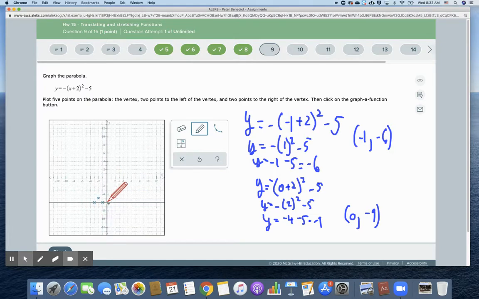And that also tells me this point, okay? And then I can plug in 0 because that's 2 away. 0 plus 2 is 2. Squared is 4. Negative 4 minus 5 equals negative 9. So I can graph that point, and that tells me this point as well. And there we go.